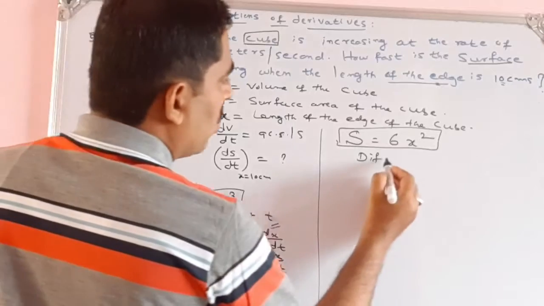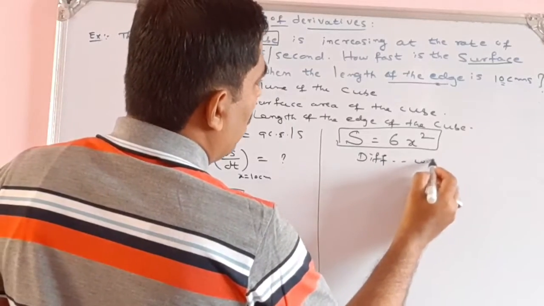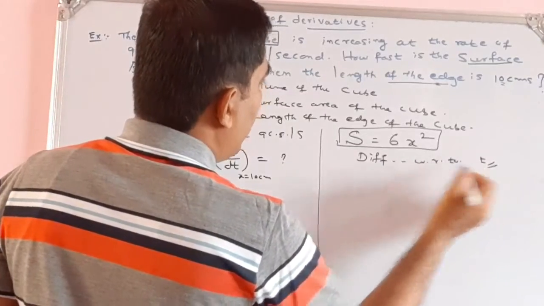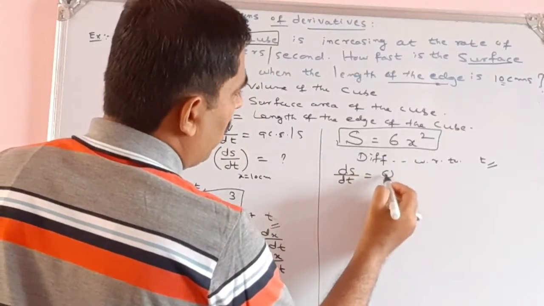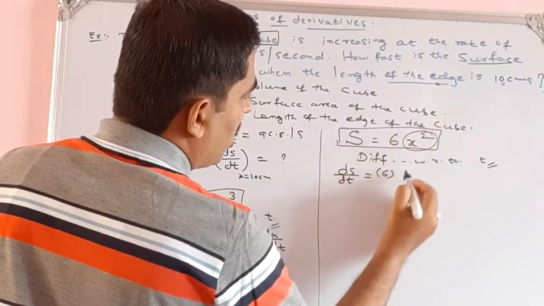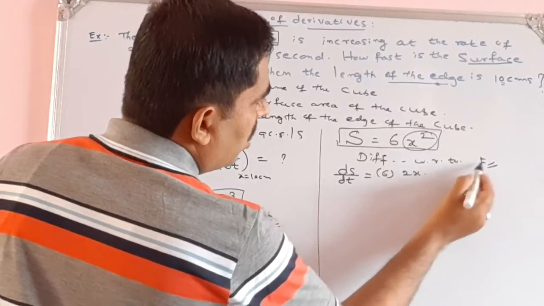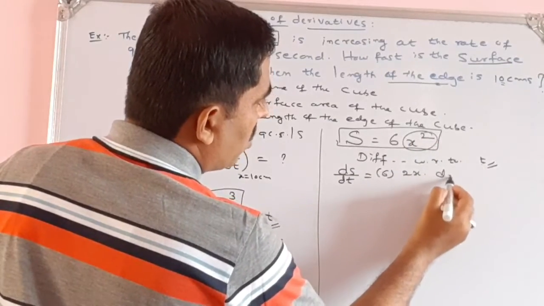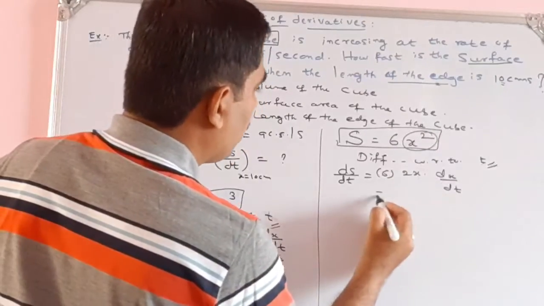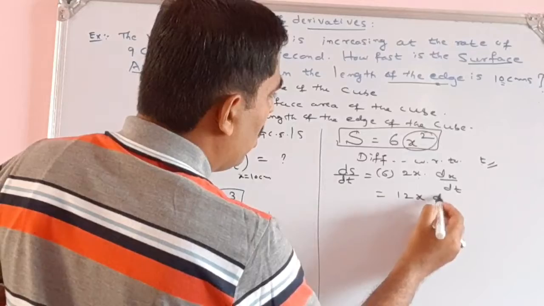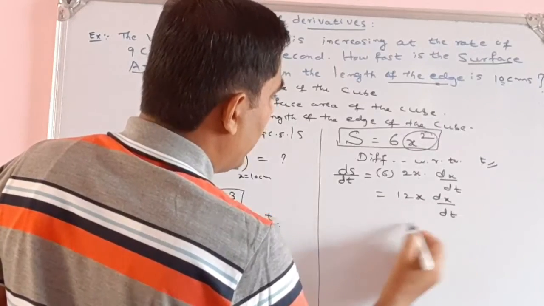Differentiating with respect to t on both sides, we get dS by dt. The 6 is constant, then the derivative of x squared is 2x into dx by dt by the chain rule. So 6 twos are 12, 12x into dx by dt.